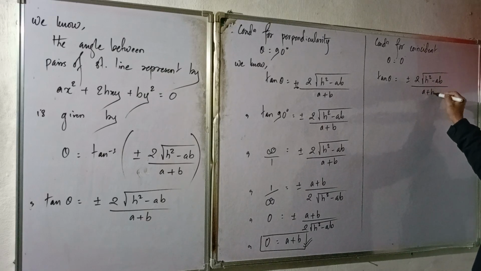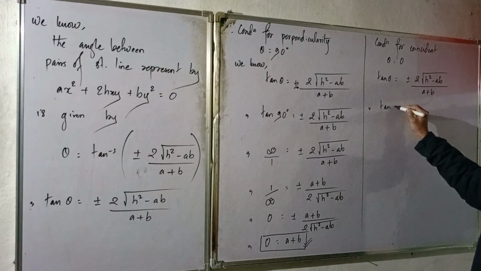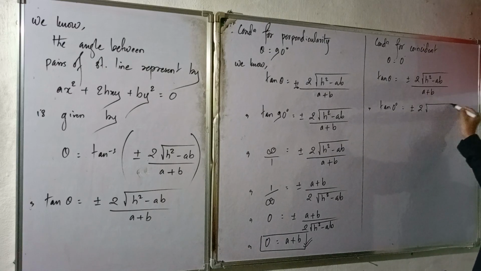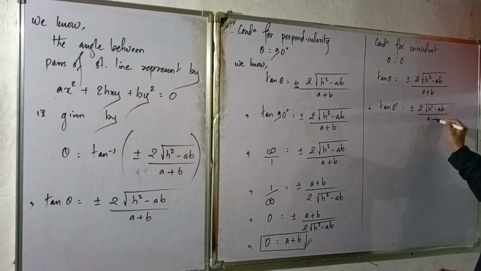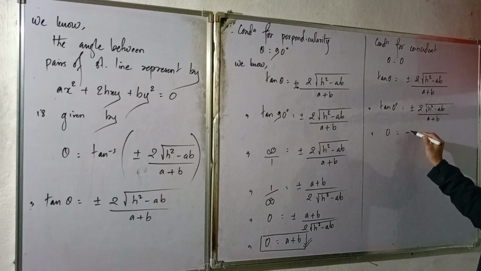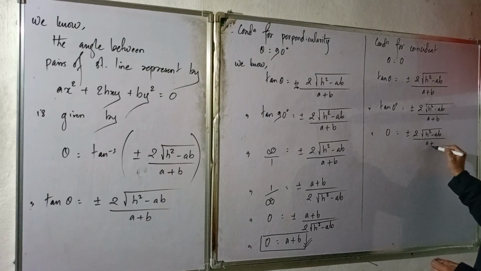divided by a plus b. Now when you substitute the value of theta by 0 degrees, tan 0 degrees equals plus minus 2 under root h square minus ab divided by a plus b. Now tan 0 degrees means 0, so 0 equals plus minus 2 under root h square minus ab divided by a plus b.